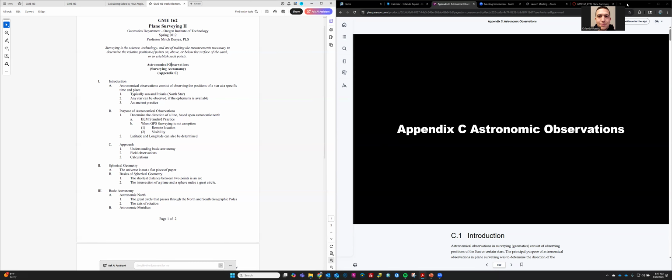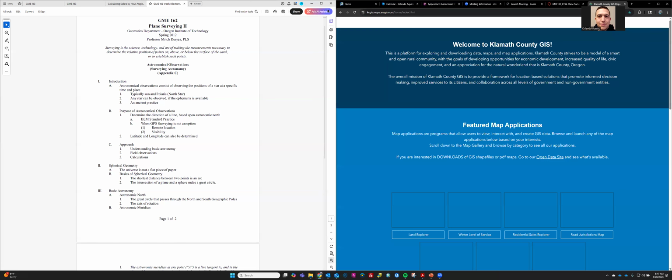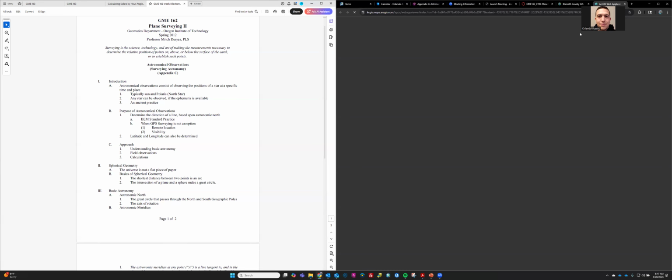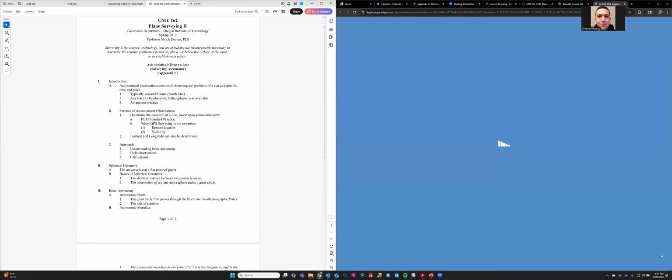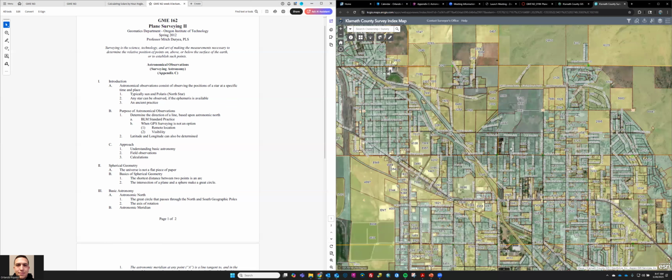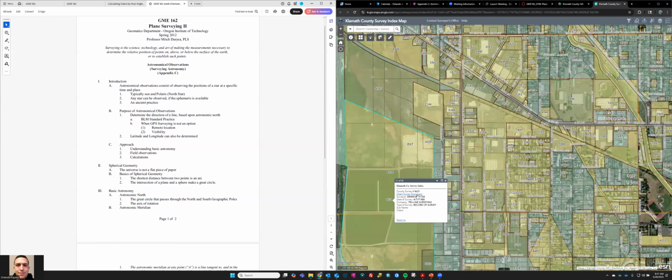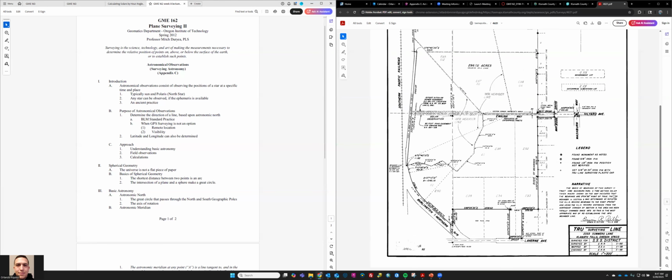So, a good example, let's pull up our handy dandy county survey index here that the county has available for us. So in olden times, pre-GPS, we can see if we can find something with some type of astronomical observation.